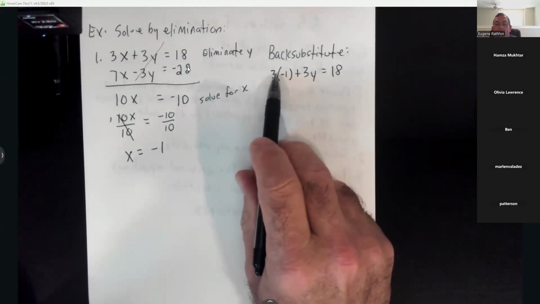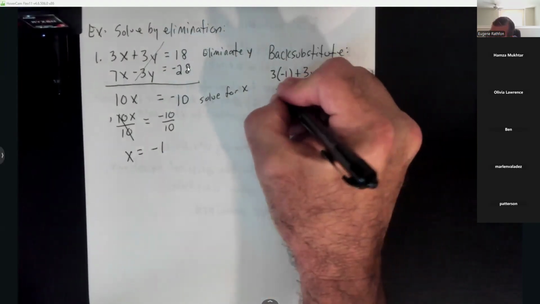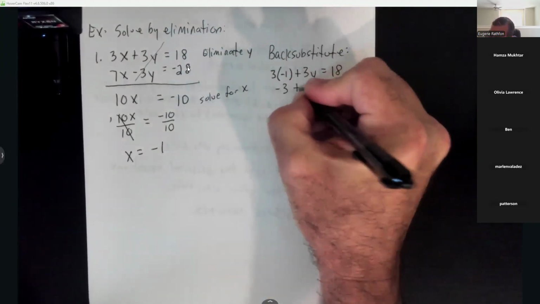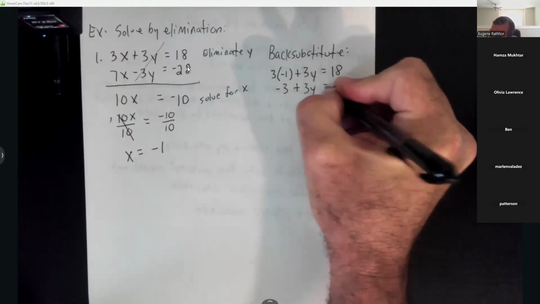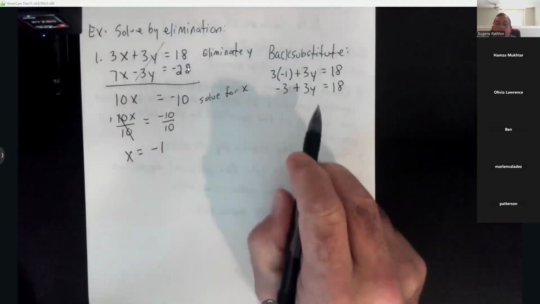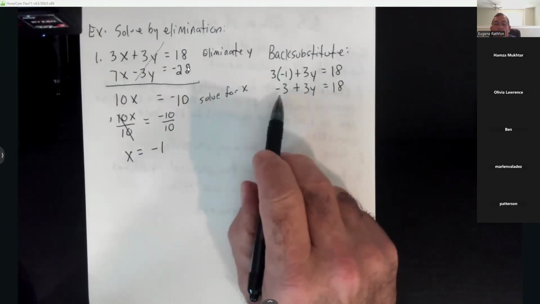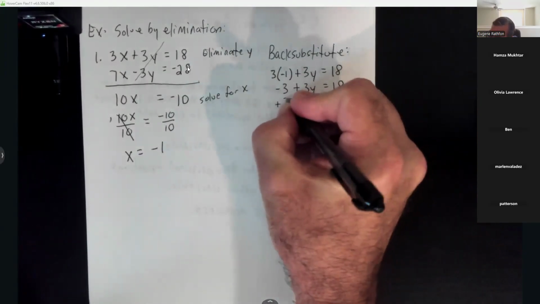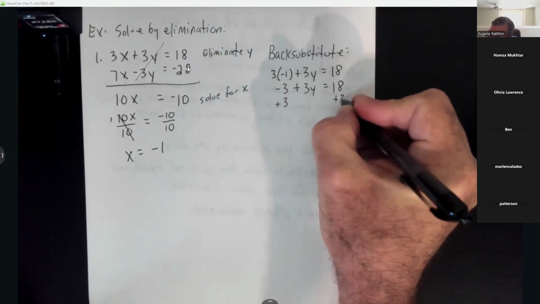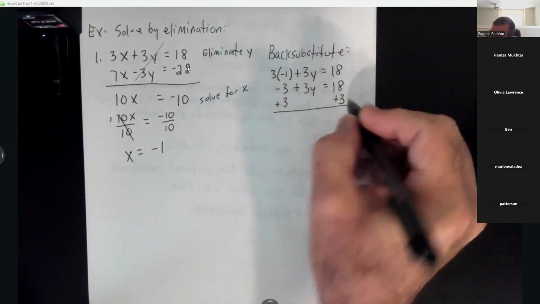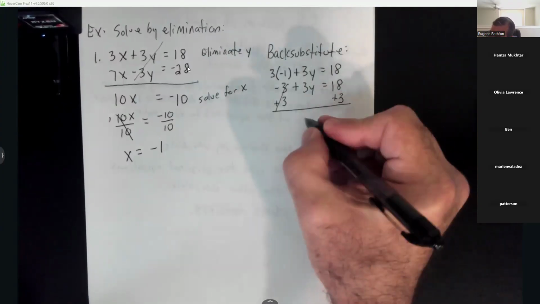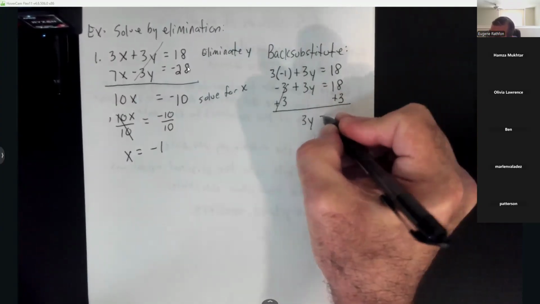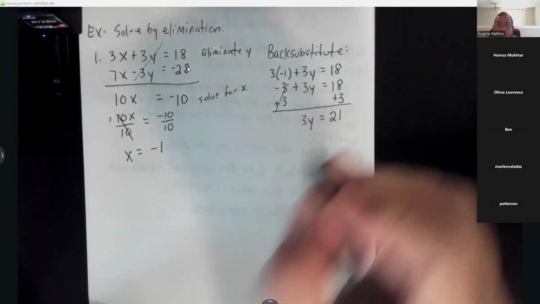All right, so first thing I would multiply 3 times negative 1 and get a negative 3, plus my 3y equals 18. So since we're solving for y, we need to add 3 to move that negative 3 over. So doing that, those 3's cancel. I end up with 3y equals 21.